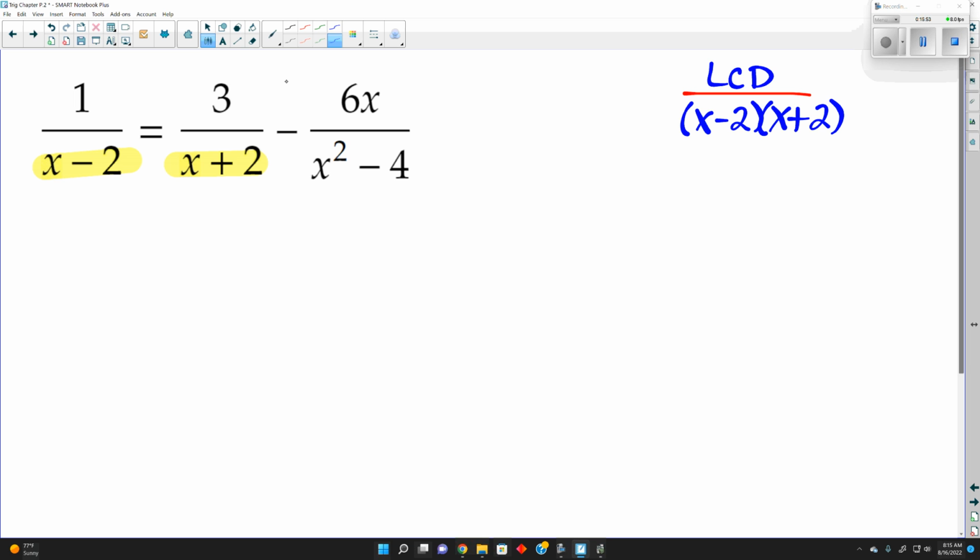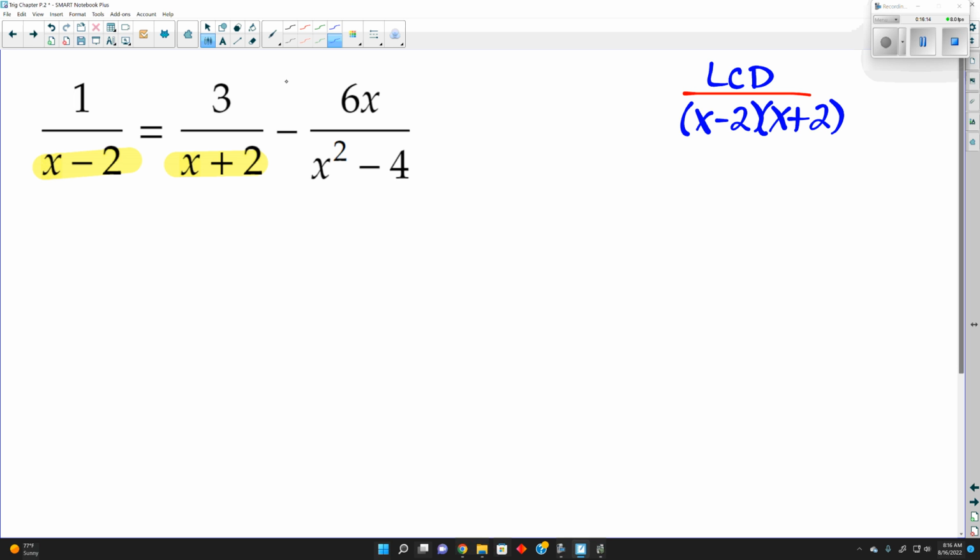But is x squared minus 4 factorable? Well, yes. It is a difference of perfect squares. When we look at this and we have two terms, x squared is a perfect square. X times x would give us x squared. What times itself would give us 4? 2. So this here is a difference of perfect squares.